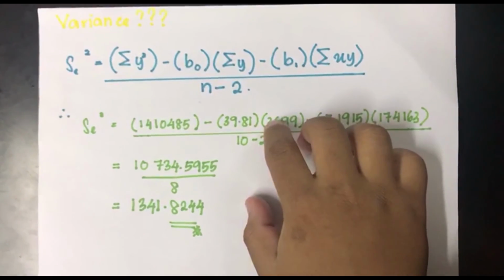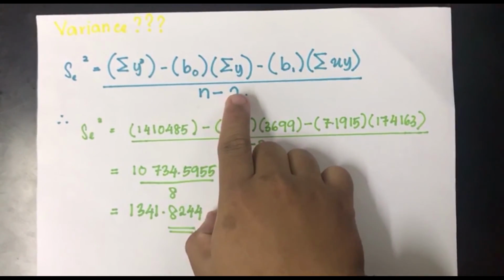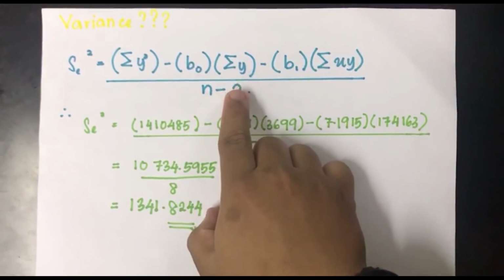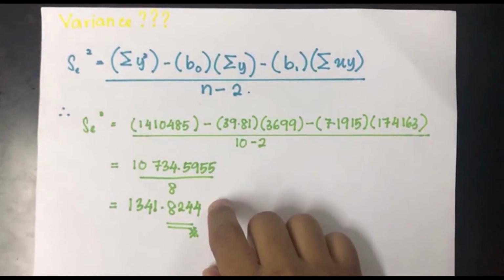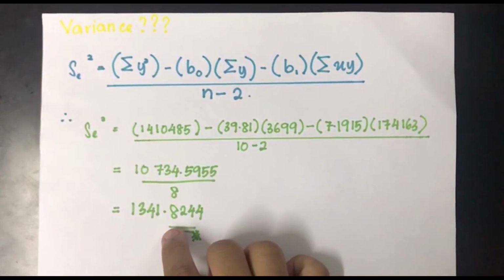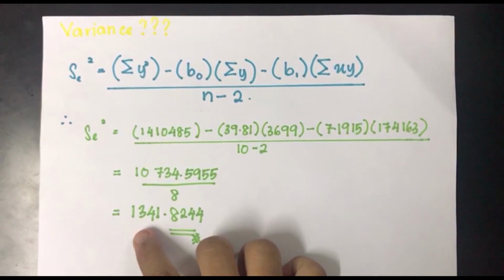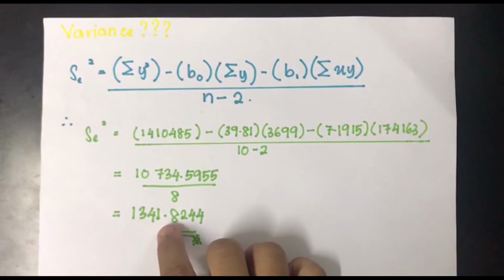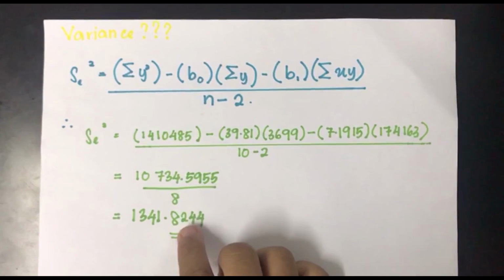So, as we have the value for each of the data needed, we just use the values and we will get the final answer, which is 1,341.8244.